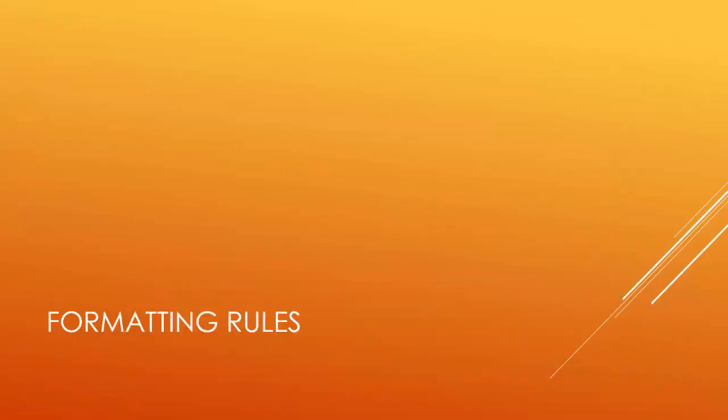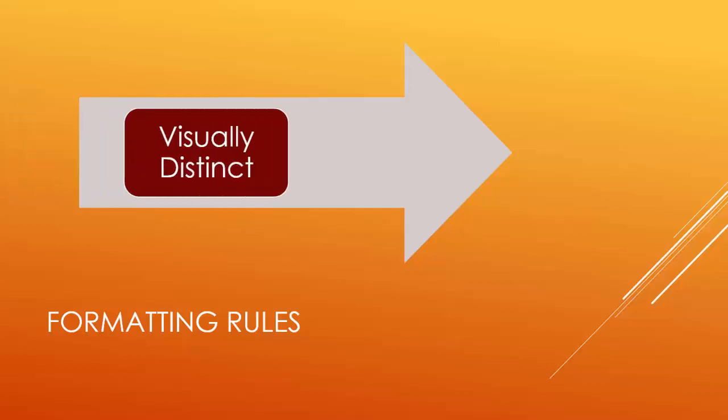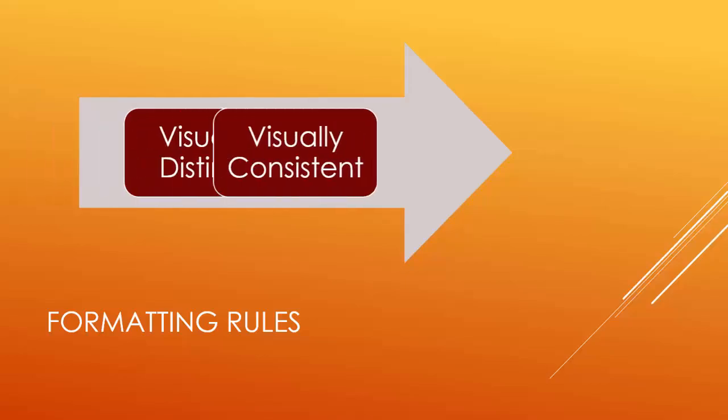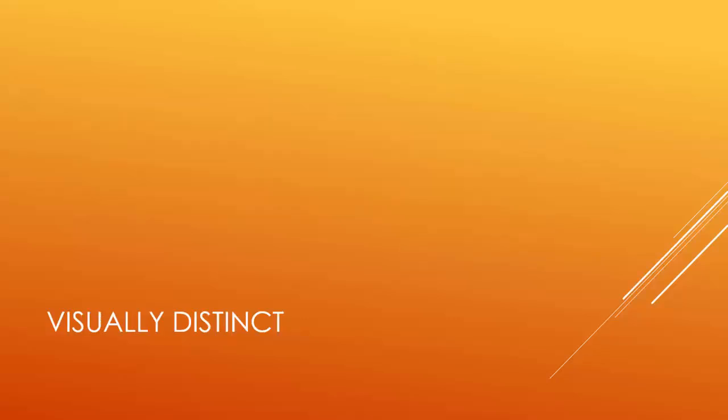There are also some basic formatting rules of headings that are essential to remember. They must be visually distinct and visually consistent. First, headings must be visually distinct. This means that they need to look clearly and obviously different from text to the naked eye.